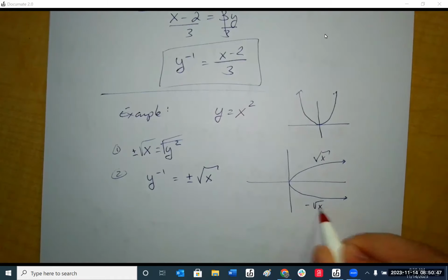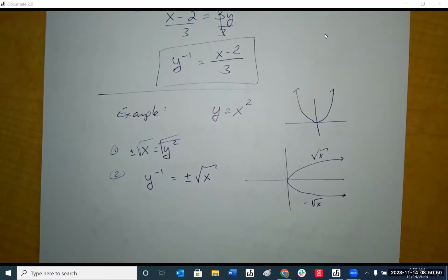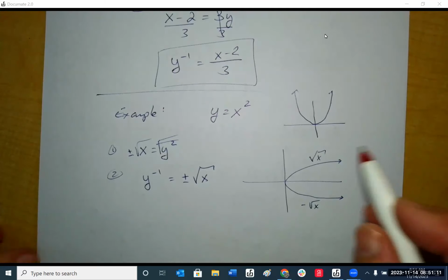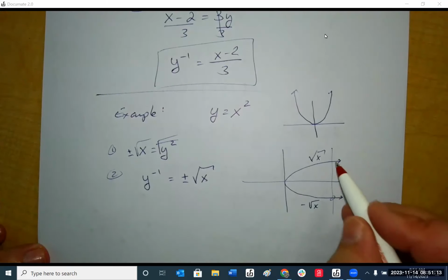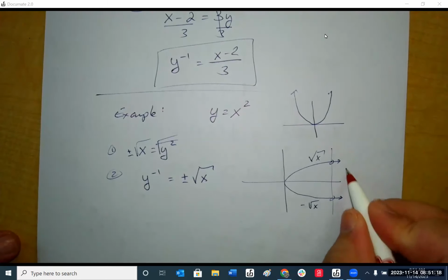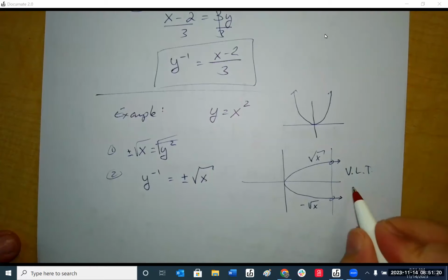This is negative square root of x. Remember, we're looking for inverse functions. Is this a function? Why not? No, you had it right the first time. Exactly. It doesn't pass the vertical line test. So it's not a function.